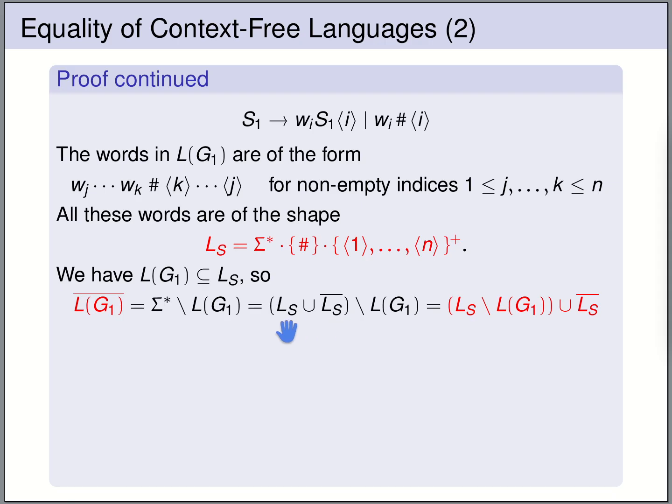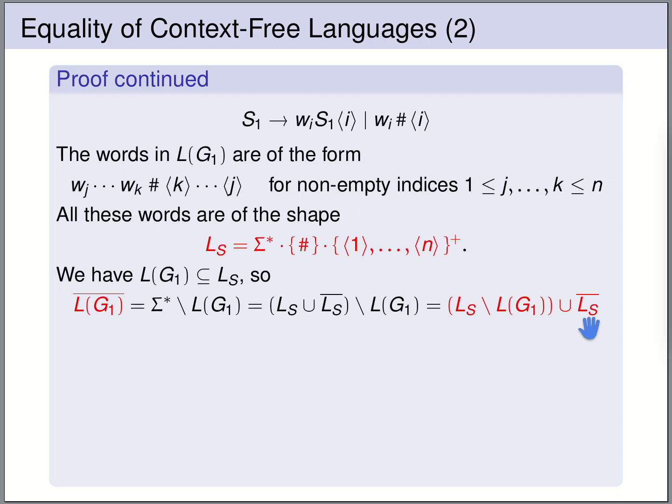That means if we take the union and then we subtract the language of G1, we don't take any words out of the complement of Ls. All of these words that we take out, we take from Ls. So we can equivalently write this in this form. We can say that this is equal to Ls minus the language of G1, union the complement of Ls.